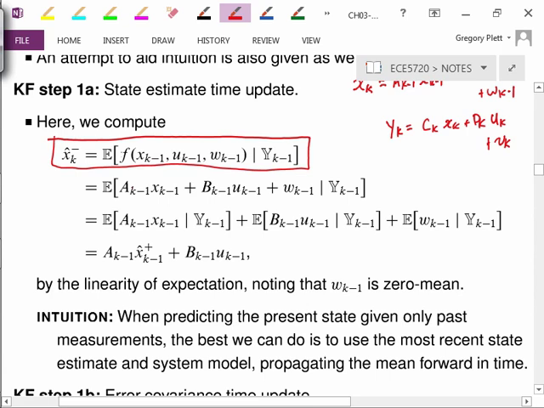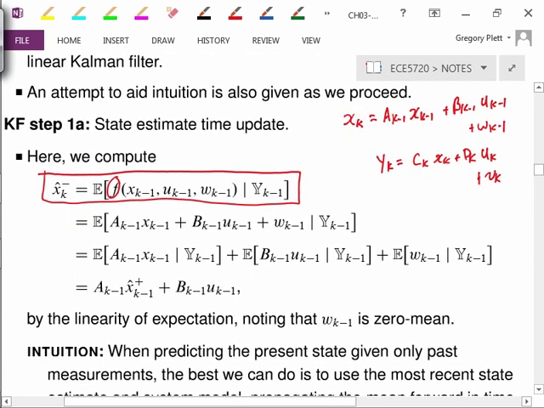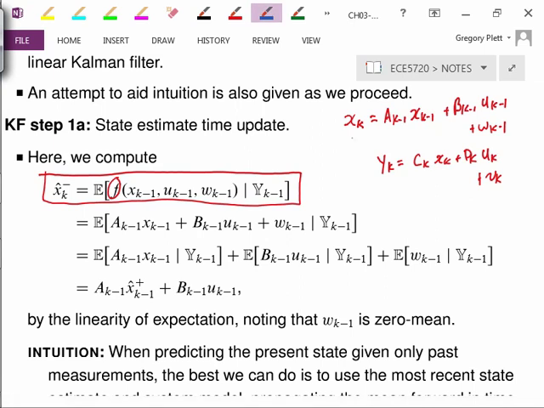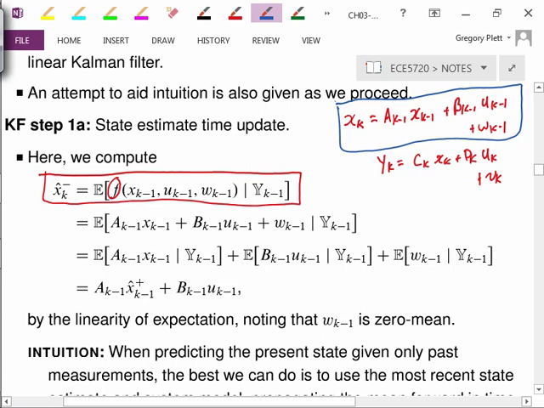So F, remember, here is the state equation of the model, and we have just rewritten up here the state equation of the model when we have a linear model. So I substitute F to be Ax plus Bu plus w, and we have the expected value of all of that given y.